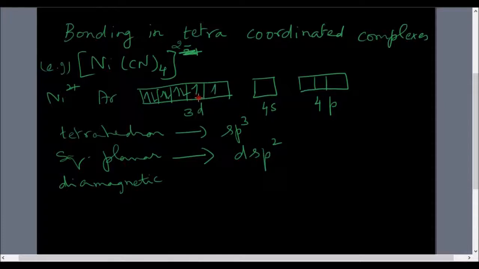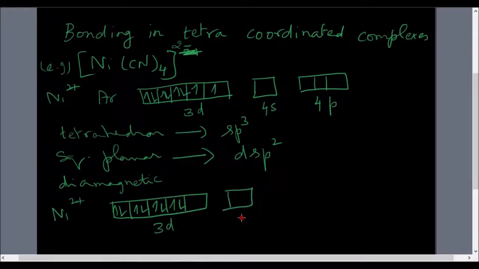Once you say it is diamagnetic, you can immediately conclude that there are no unpaired electrons. So what should be the next step? We have to pair up these 2 electrons. So we will have one d orbital vacant there. The other 4 have electron pairs. And one of the 3d orbital is vacant.